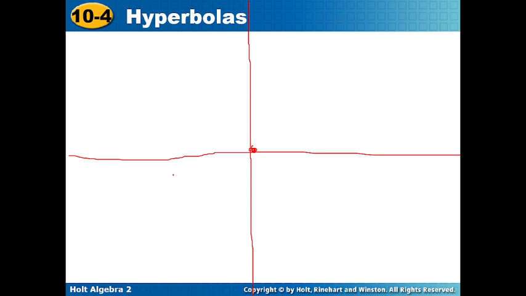So what if you have a center? And let's just say this is the graph. Okay. So you have values of A and B. You're going to find the values of A and B, correct?